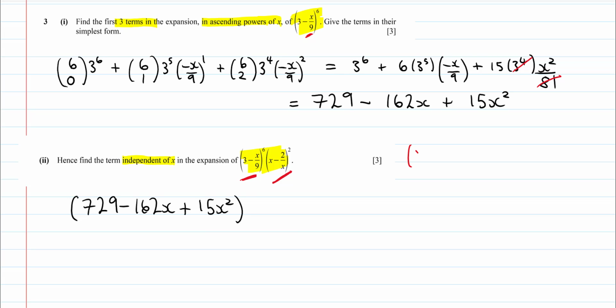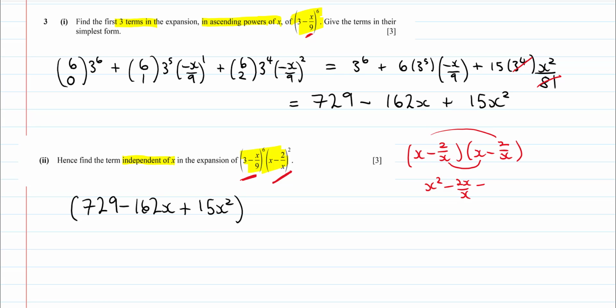We're going to get x minus 2 over x times x minus 2 over x. The x times x part is just going to equal x squared, and then x times minus 2 over x is minus 2x over x.